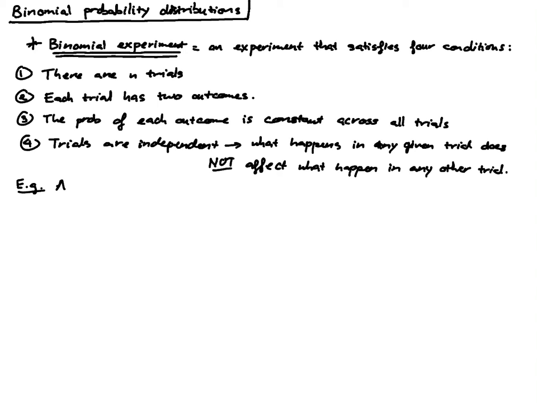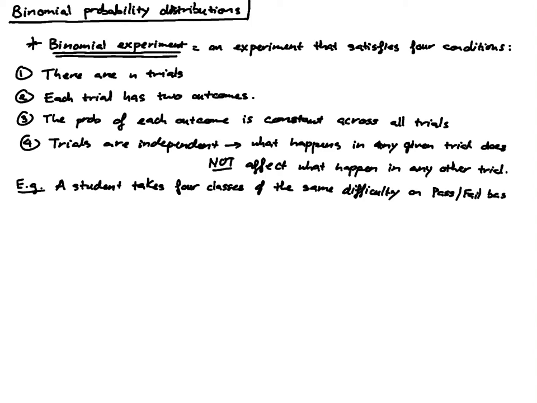Let's say a student takes 4 classes of the same difficulty on a pass-fail basis. If we assume that the four classes are independent, do we have a binomial experiment?